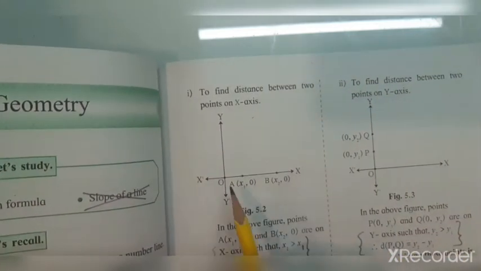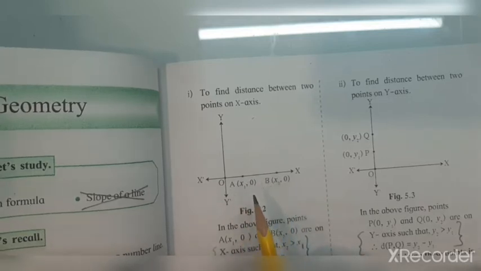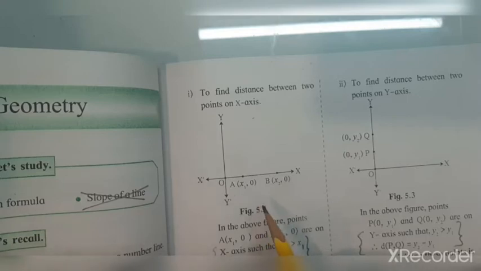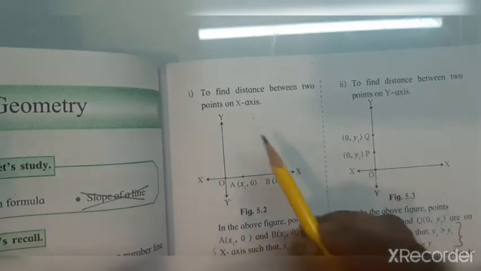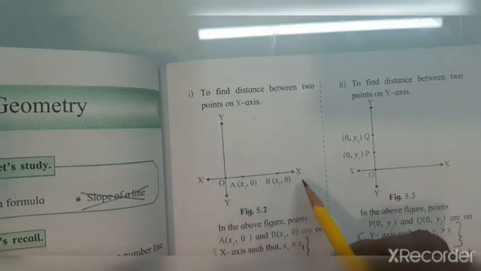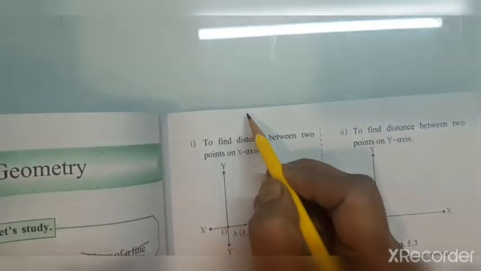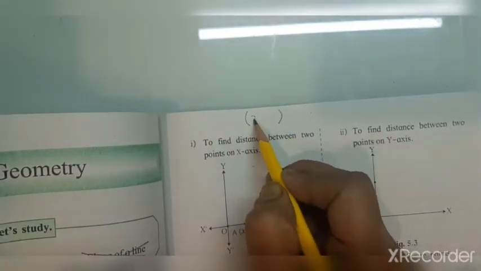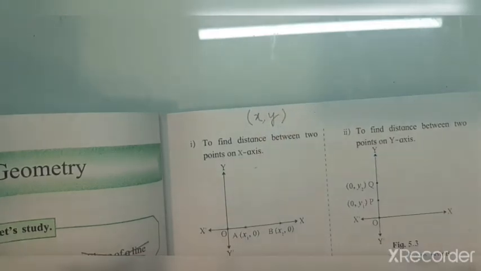Now, here if you see that point A and point B are on the x-axis and we have to find the distance AB. Always remember, when the point is on x-axis, its y-coordinate is 0. Now, when we are writing the coordinates of that point on this coordinate system, in the bracket, we write first the x coordinate and then the y coordinate.